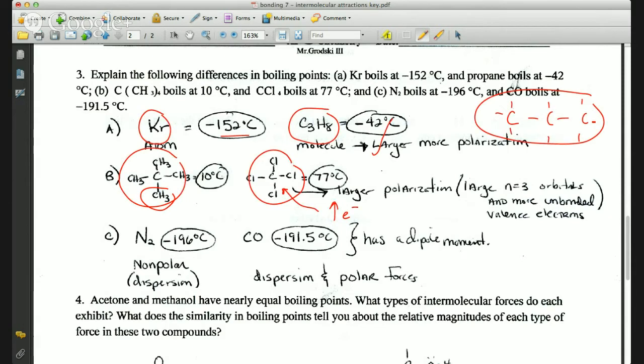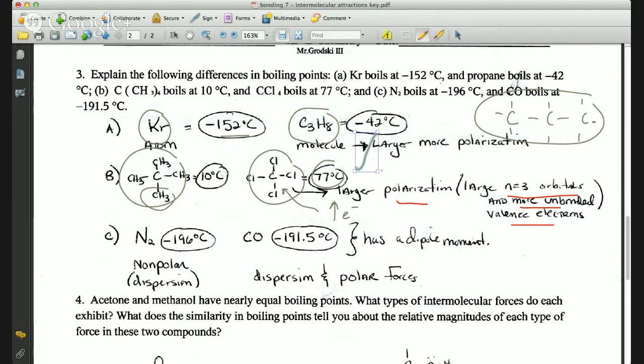There's more electrons that can shift, and that's what gives it its larger polarizability, or in this case, larger temperature. Now, as I said here, n = 3 orbitals have more unbonded valence electrons, which gives it larger polarizability. But bottom line is more electrons.